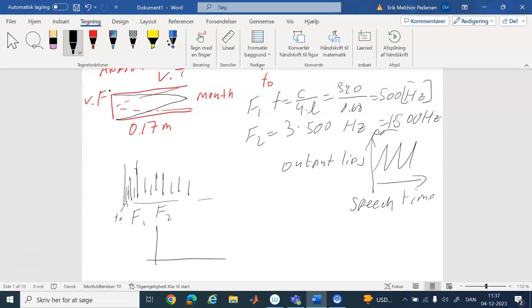Again, the source filter, frequencies, and then the hertz, and then the decibel, and then decreasing, and therefore also the formants are decreasing. And this, you can say, in the vocal tract, 500, 1500, and then we have the speech output.